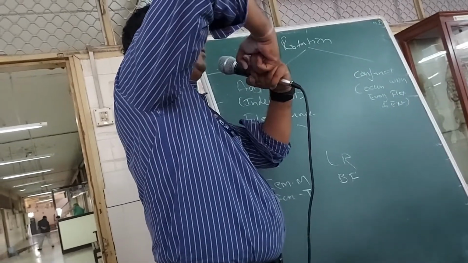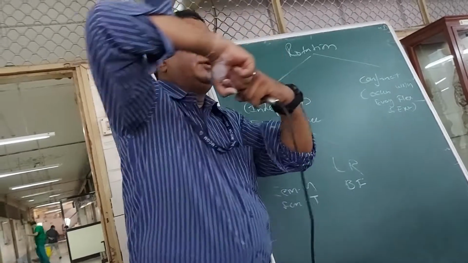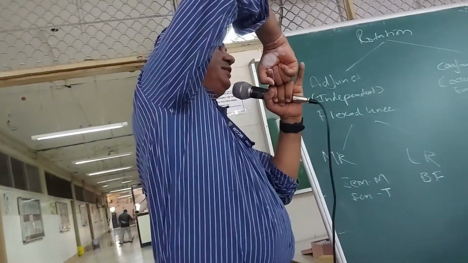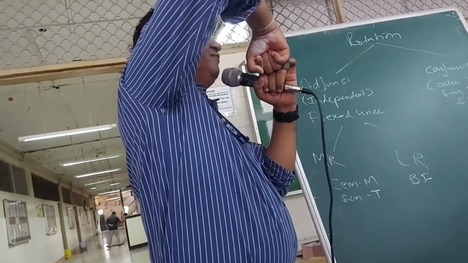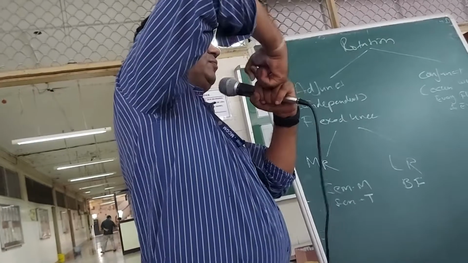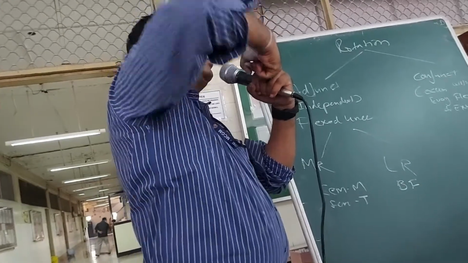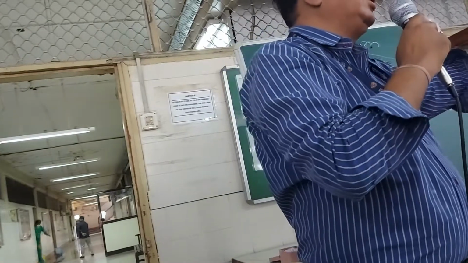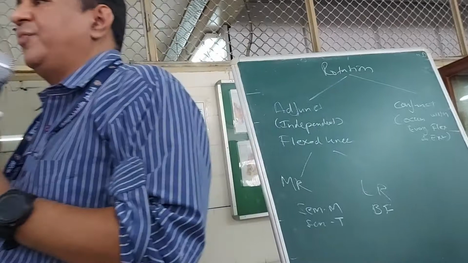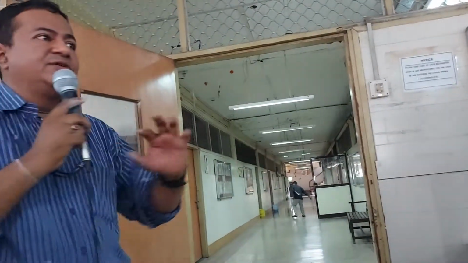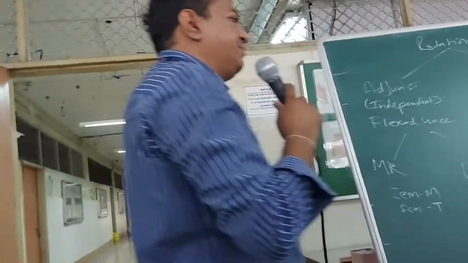What happens in unlocking? Lateral rotation. Which muscle is attached to the lateral side here on the femur? Popliteus. So that muscle causes the lateral rotation. Therefore, the muscle which unlocks the knee joint is popliteus. The muscle which locks the knee joint is quadriceps femoris.